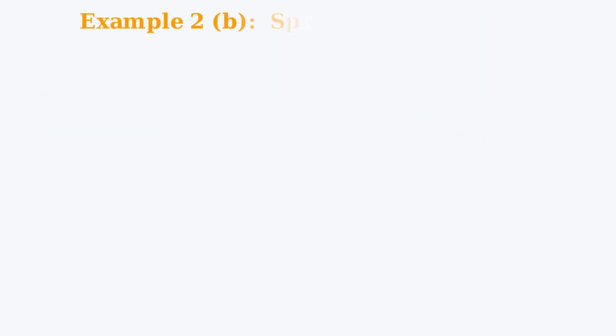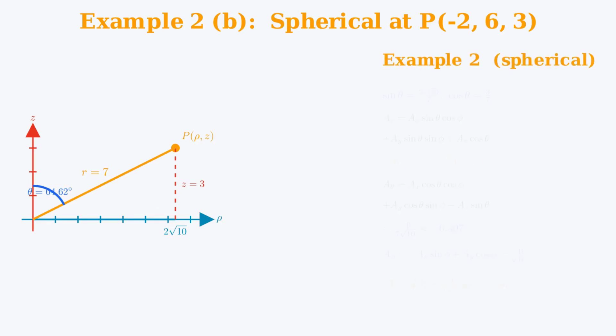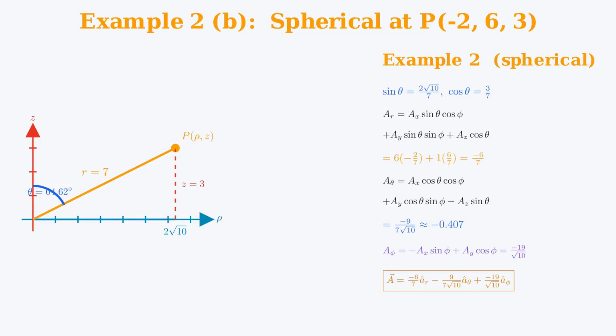Now spherical at the same point P. From the previous video, r is 7, theta is 64.62 degrees, so cosine theta is 3 over 7 and sine theta is 2 root 10 over 7. Phi is the same phi as in cylindrical, 108.43 degrees.